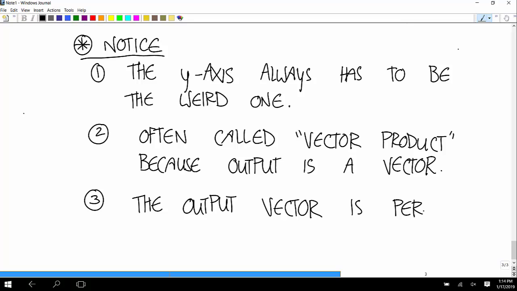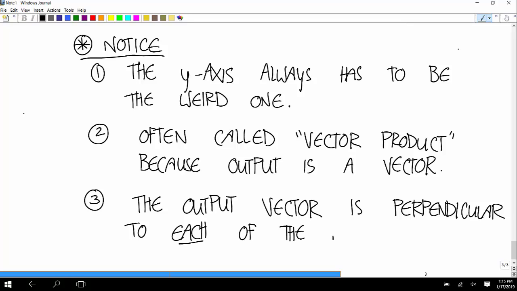That happens to be a super useful fact about the cross product. So the output vector is perpendicular to each of the 2 input vectors.